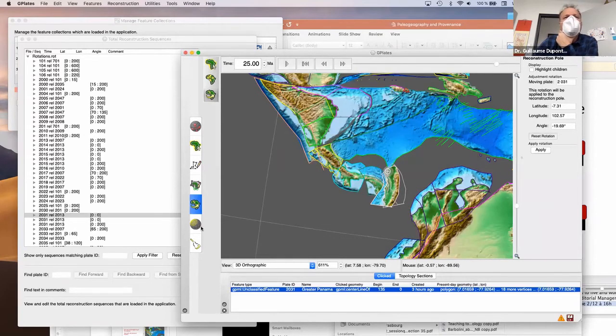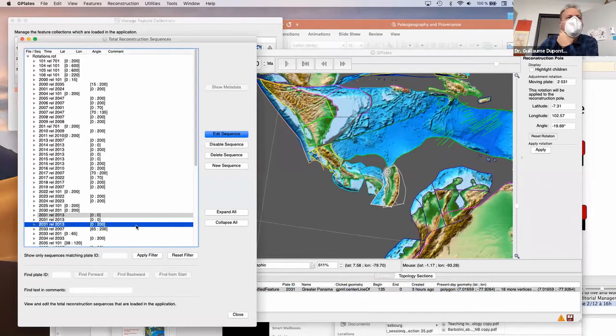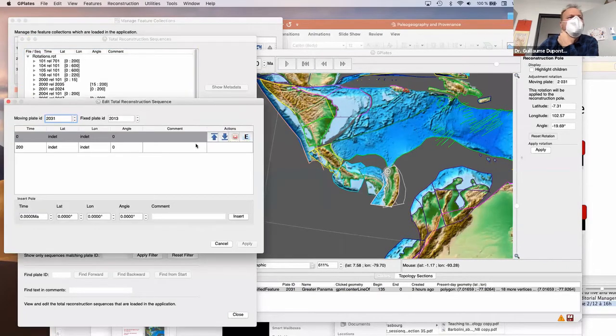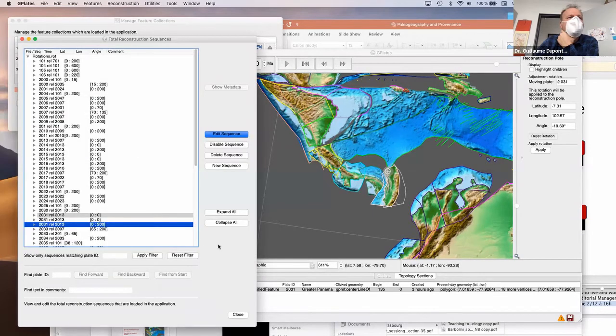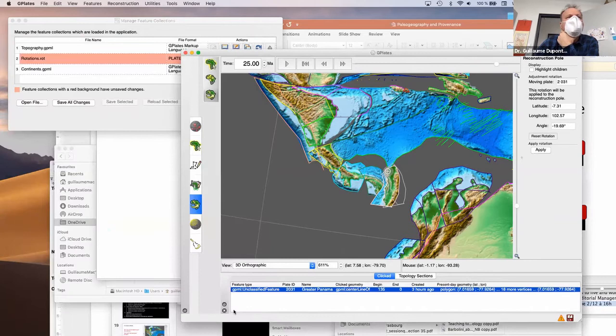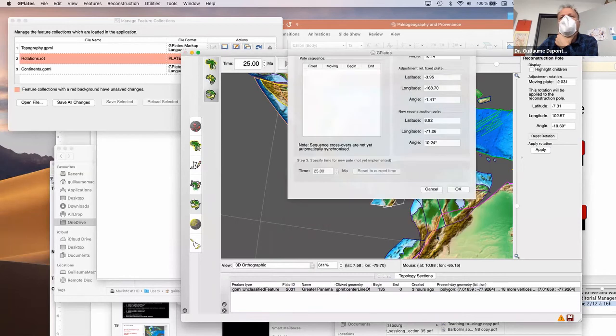And do you need to apply this, the reconstruction sequence? Well, it should be okay. If you close it, what happens? Let me see. So this is okay. Close it, to see. And maybe you should say save here.